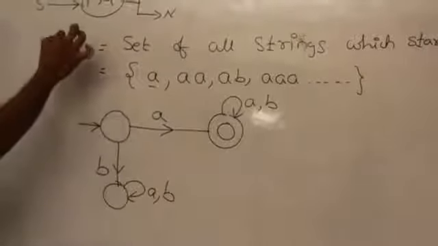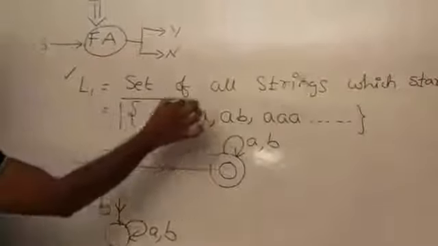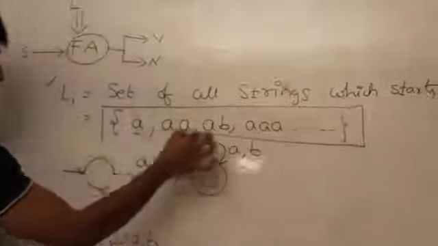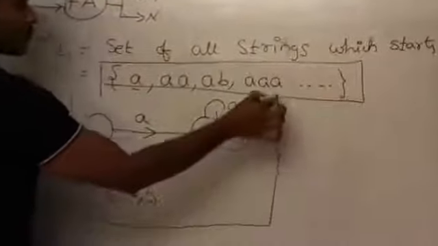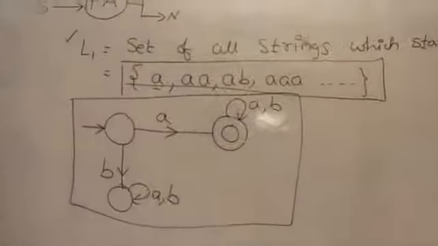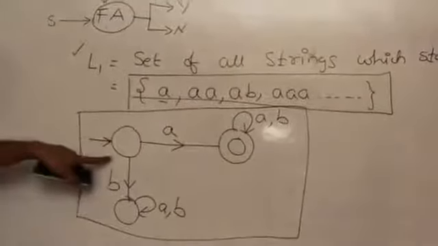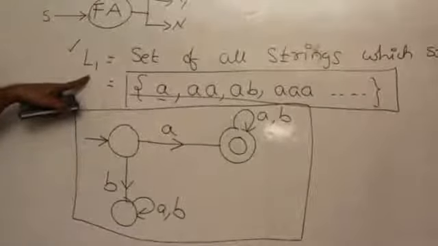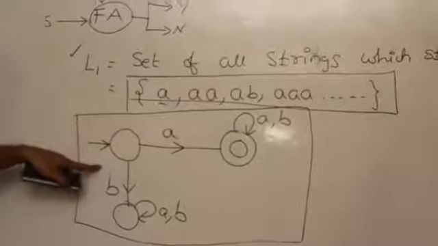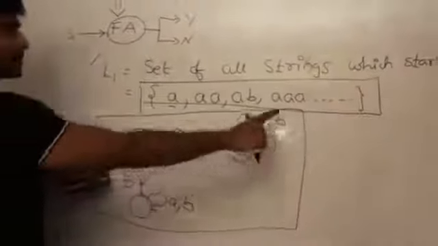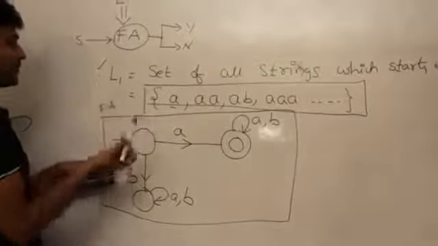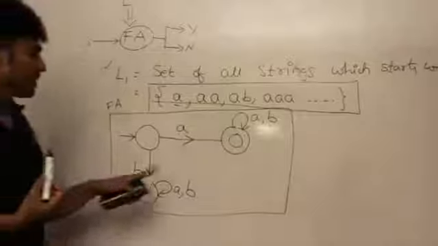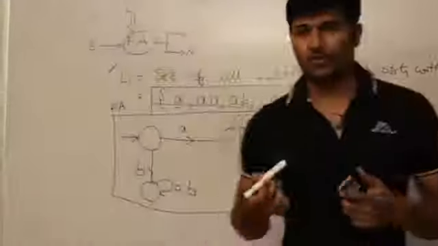So L1, even if you write it like this as a set, or if you use this finite representation, both are the same. Now if this is the finite representation of this language, I can give any string to it, and this finite representation, which is also called a finite automata, in fact a DFA, which I'll discuss later, will say yes or no.